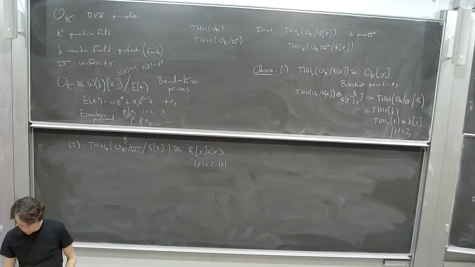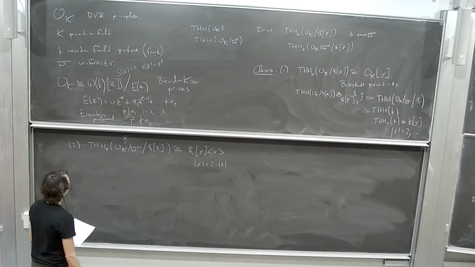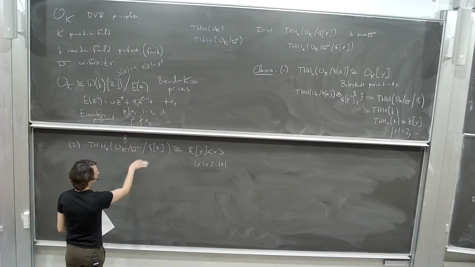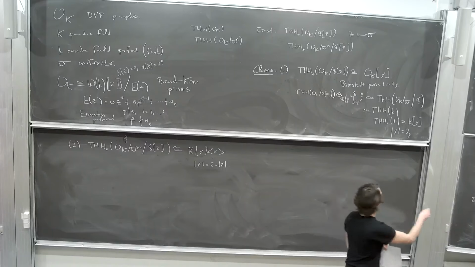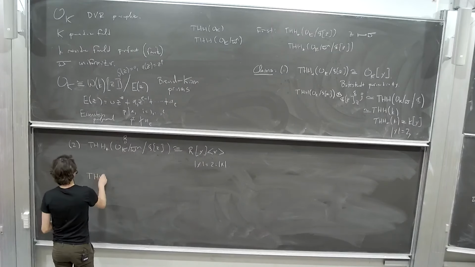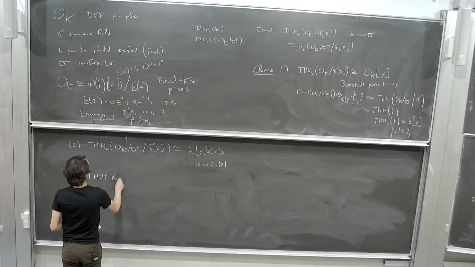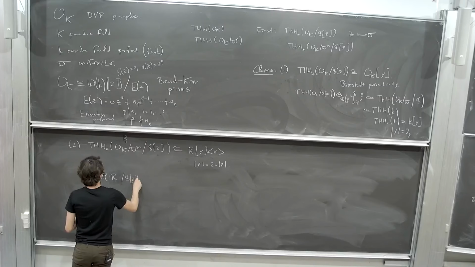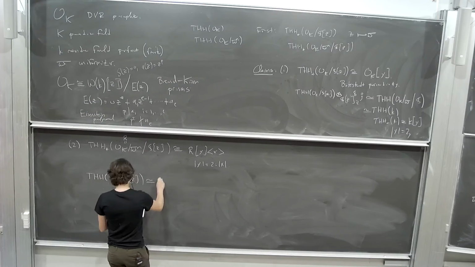How do you see something like this? Well, it's going to be by reduction to the previous case that we saw. So let's say R over S adjoin Z, and you just use this equivalence.